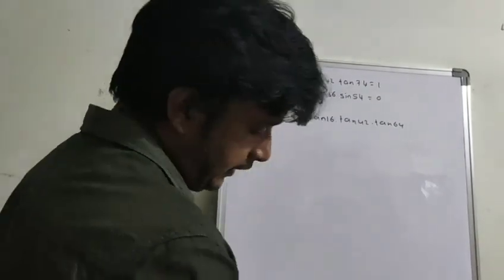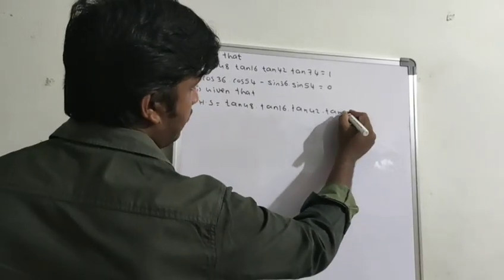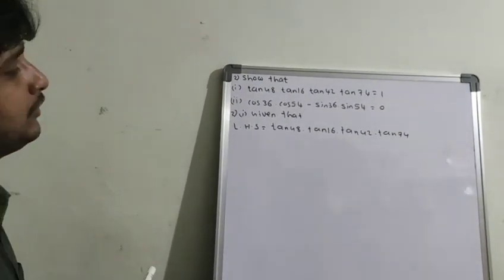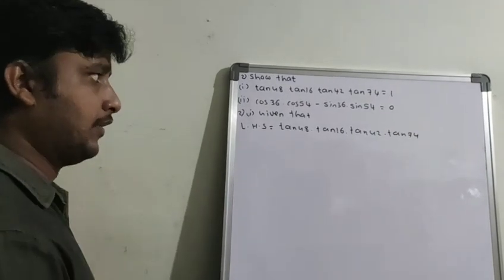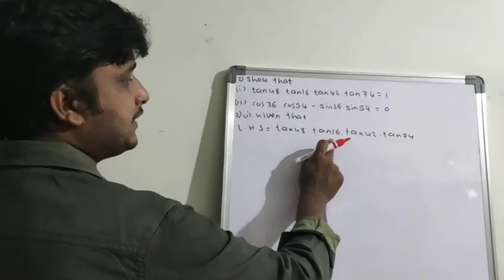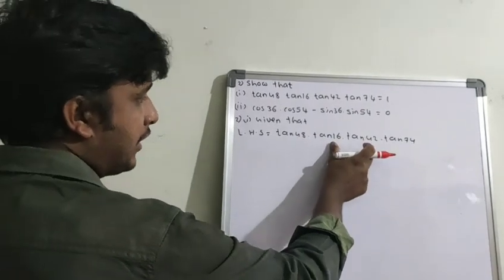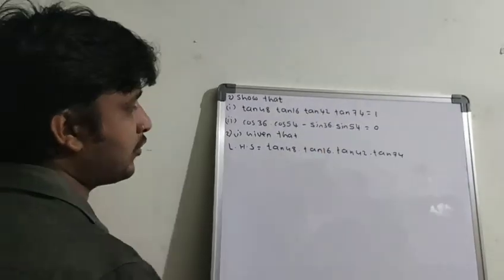Actually, here we have four different tangents: tan 48, tan 16, tan 42 and tan 74. But 48 and 16 are not complementary to each other, 16 and 42 are not complementary, and 42 and 74 are not complementary.